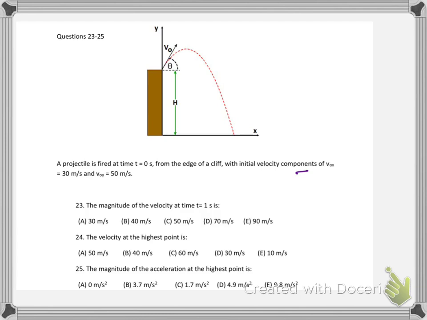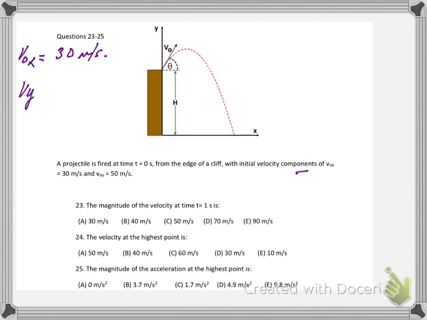So the initial velocity of x never changes. So we're going to say the velocity in x is going to be 30 meters per second for the whole journey. So we need to find out what Vy is. We could use the first kinematic equation in the vertical direction.